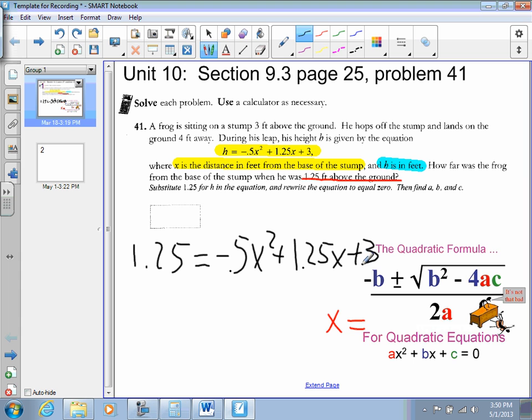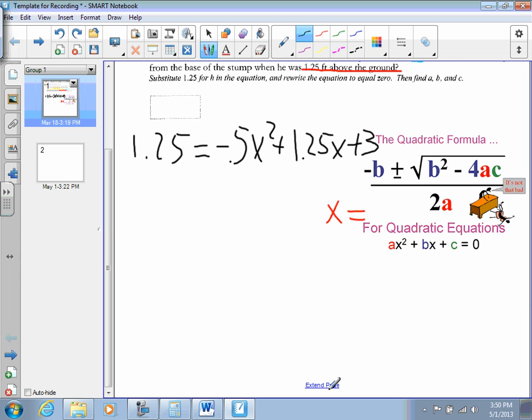Okay, we need to get everything on the same side, get it set equal to 0. So let's go ahead and work on that. We will subtract this 1 and 25 hundredths from both sides. And of course the 3 is over here, so I'm going to combine it with this like term.